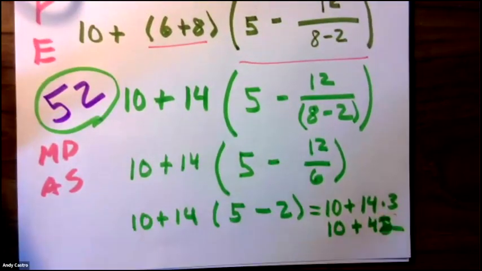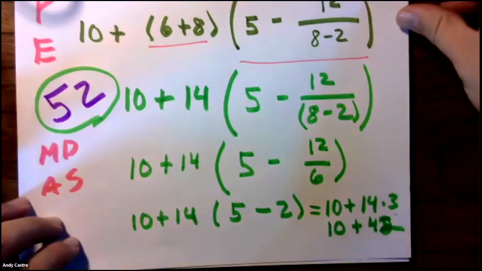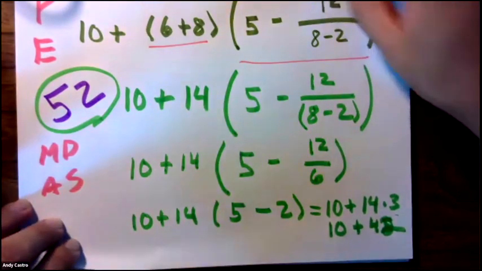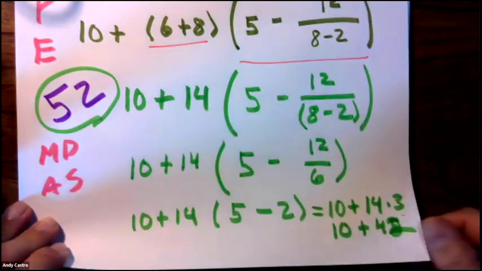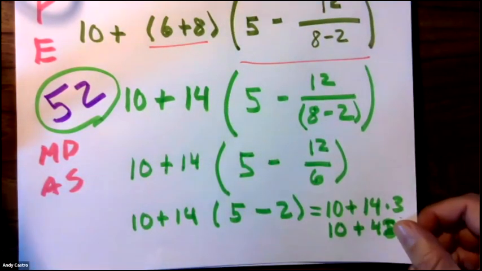For anybody that needs to write all that down, go ahead and do that. I'm going to give you another one. We'll do one about the same level of difficulty.